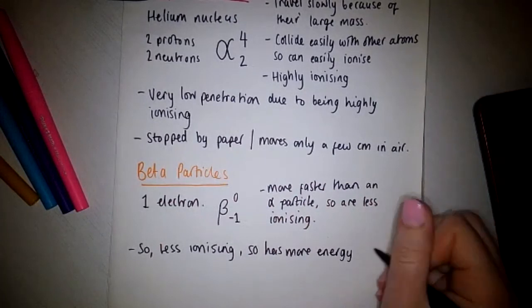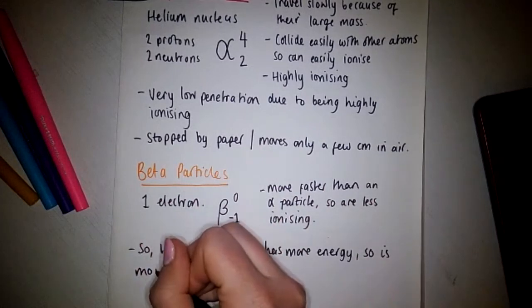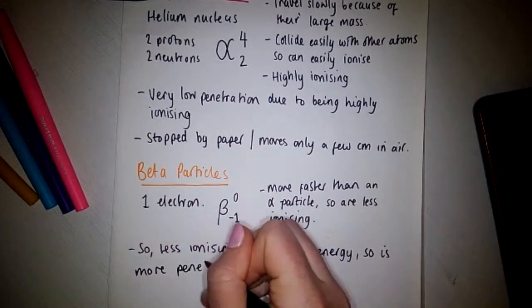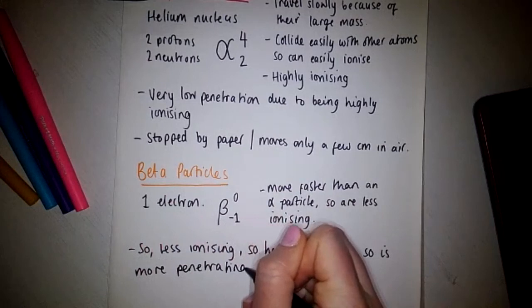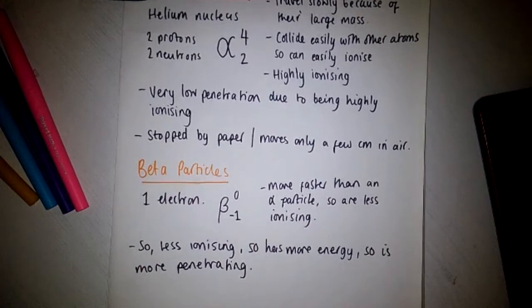So less ionizing, so has more energy, so is more penetrating. Okay, so it's got more penetration. It sounds really stupid, but if you're asked to describe it, you would say medium penetration, because it's not as penetrating as something else, but it's not less penetrating than something else. You just say it's got a medium level of penetration.